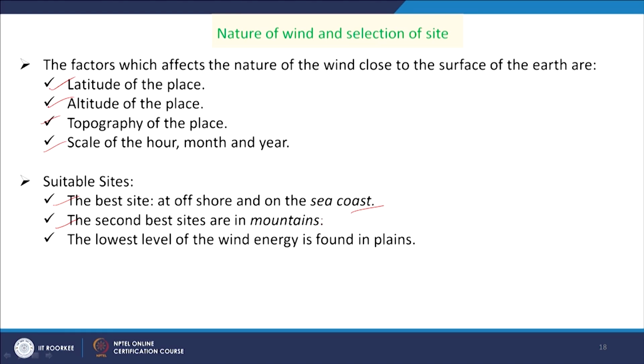That is also a good location, and the lowest level of wind energy is found in plains. So, in plains it is not so important, economic or feasible to install wind turbines.